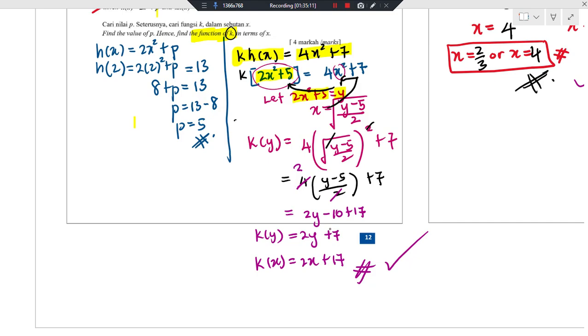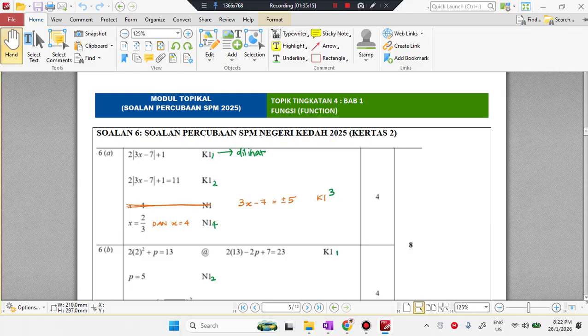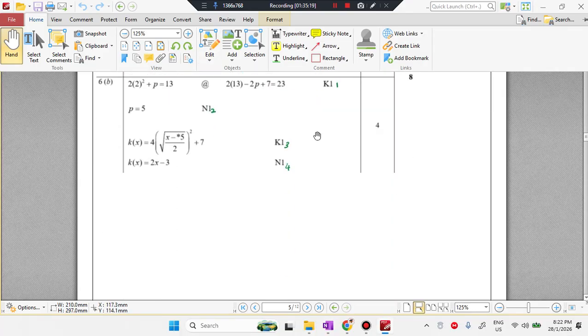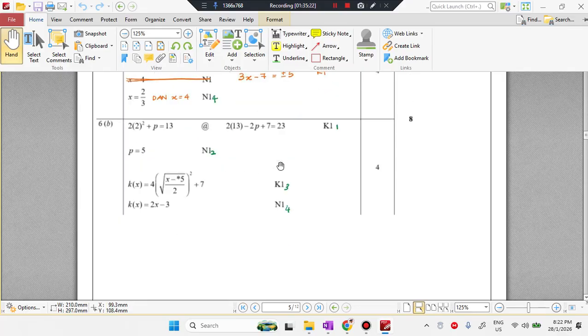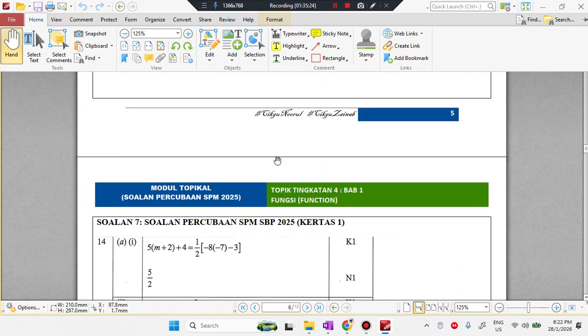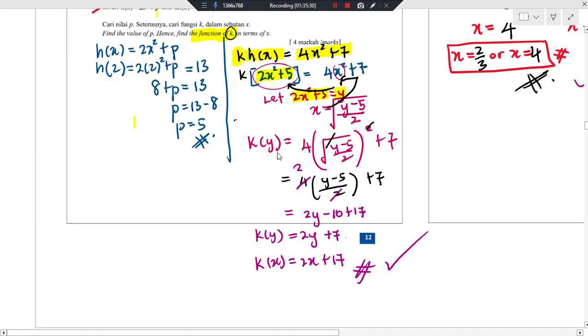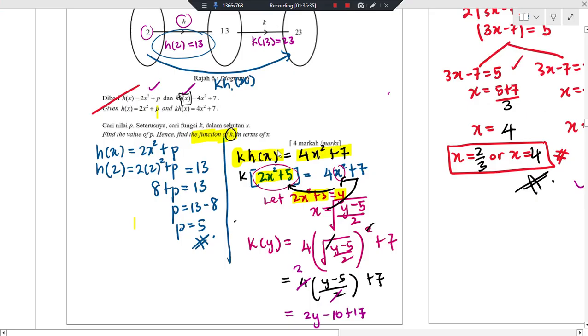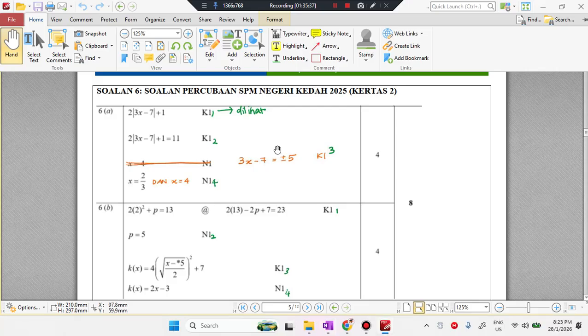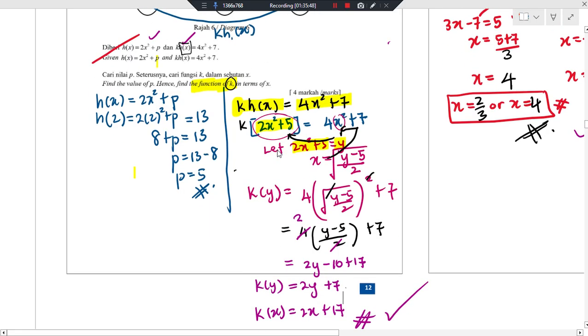Y minus 5 over 2 kan. 2x minus 10. Oh, minus 10 plus 3 ya. 3 ya? Kenapa dia dapat 3? Question cakap plus 7 kan? Tiba-tiba dia jadi negative 3 pula dekat sini.